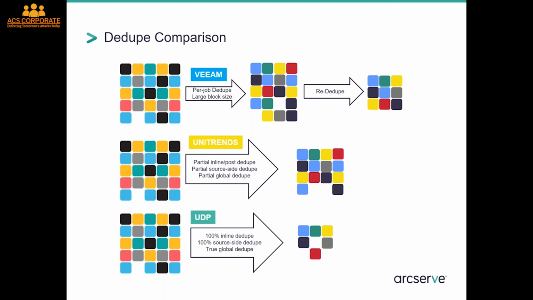If you look at a lot of the appliances on the market, we're using Unitrends as an example here. Up until very recently, Unitrends only did post-dedupe, which meant you needed to buy quite a large appliance to hold your backup data. If you had 50 terabytes of data, Unitrends would sell you an appliance with 100 terabytes of disk in it.